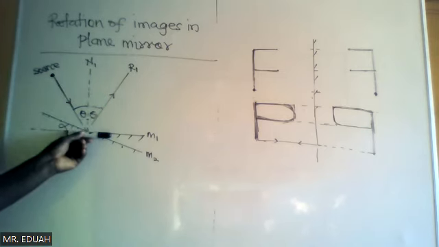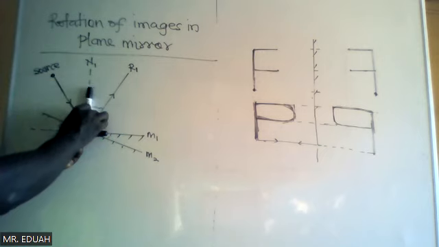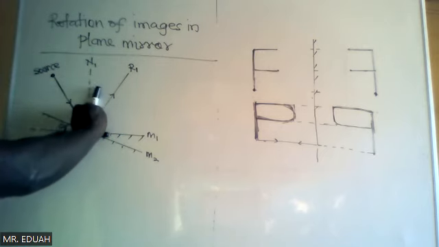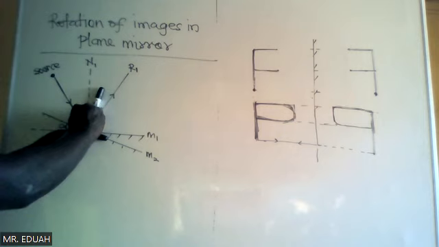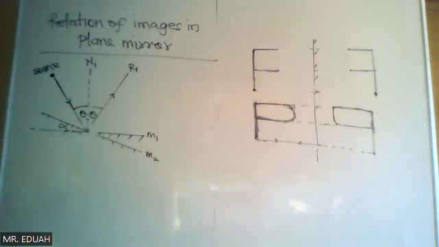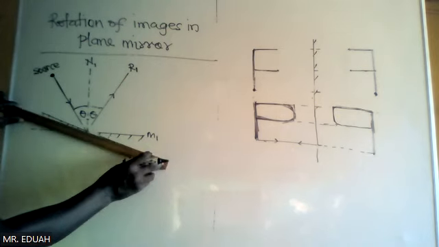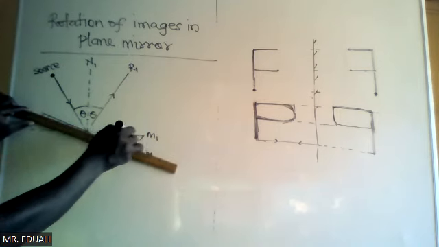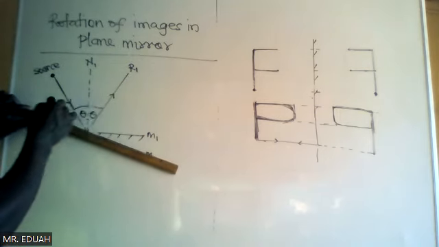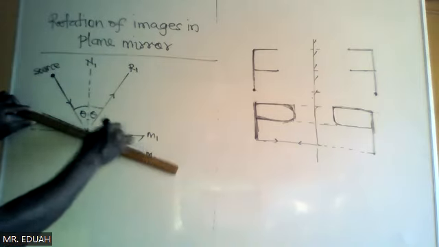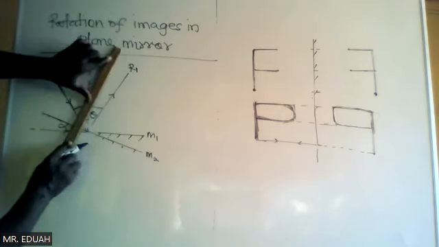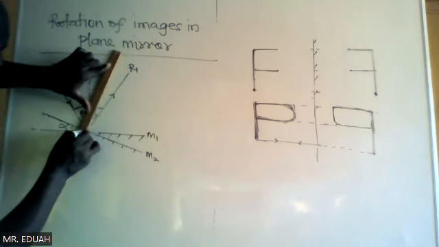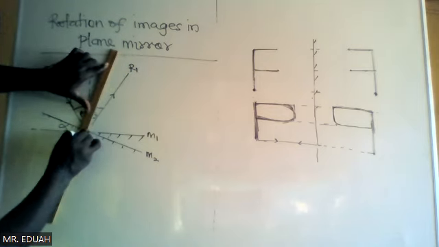So if you rotate the mirror through an angle 30, the new normal would also rotate by the same margin. The normal is always a perpendicular line to the mirror. When the mirror is not rotated, that's the first normal, N1. The moment you rotate it, we will certainly have another normal, which must still be perpendicular to M2.